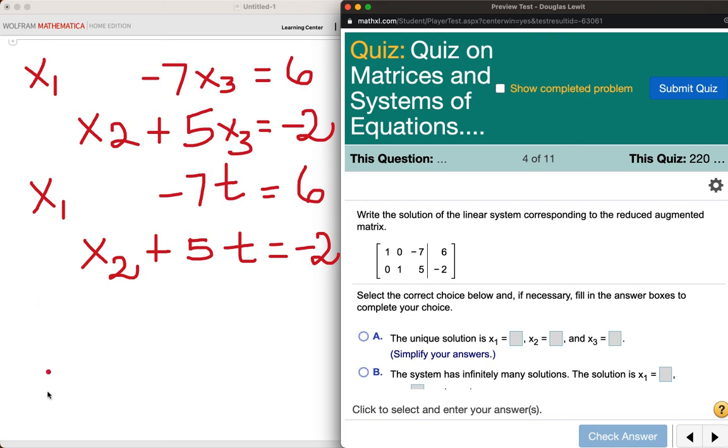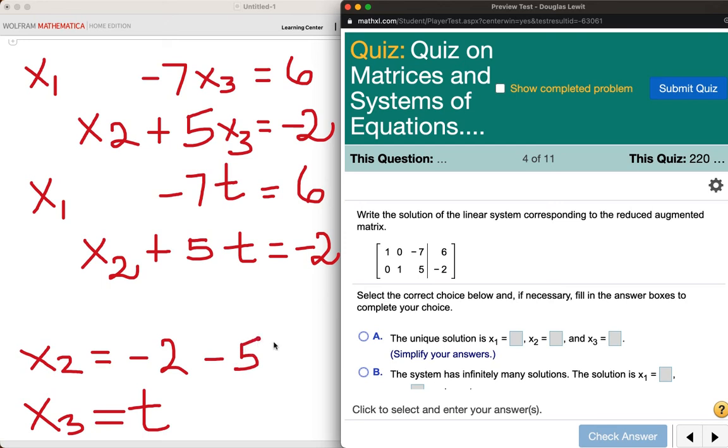So x3 is just going to be equal to some number t. And then x2 is going to be equal to -2 minus 5t, and that's just simple high school algebra.